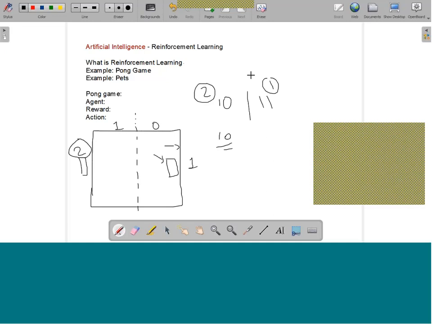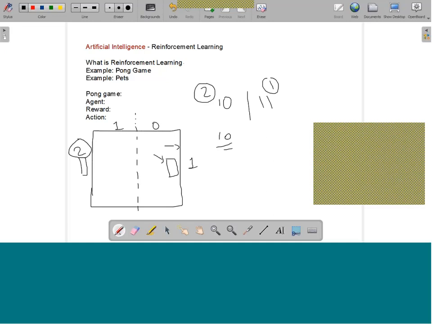So understand carefully. You are using this point as a reward. Why? Because after completion of this game, you can decide by using this point whether you are winning or losing. Whenever you are playing the game within the 10 minutes, like a human, you watch the score of the opponent player. If it is increasing, we have to play very carefully.